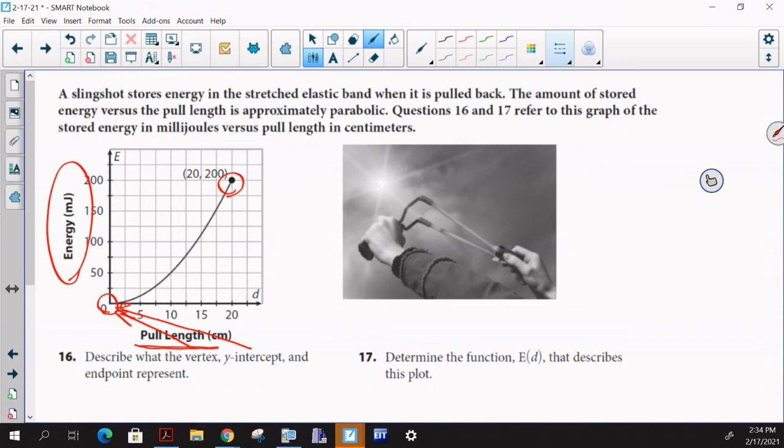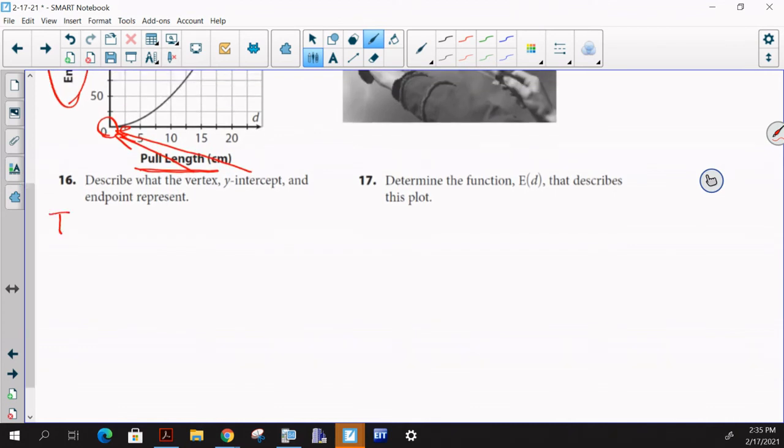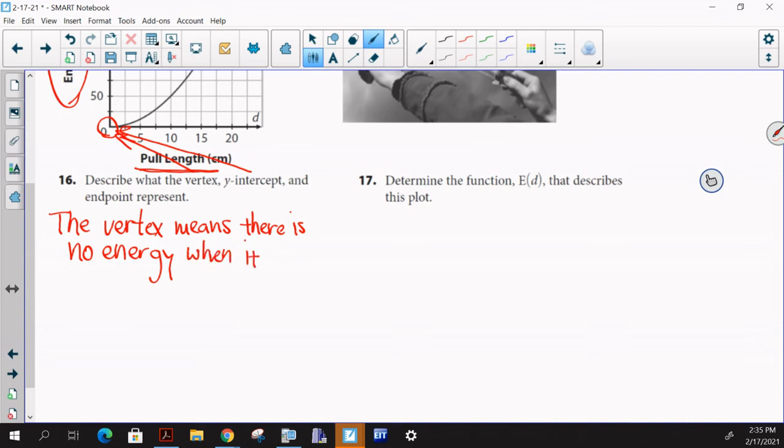So let's talk about what the vertex means and the y-intercept. The vertex simply means, and you'll need to write this out when you're given a homework problem, there is no energy when it is not pulled back.